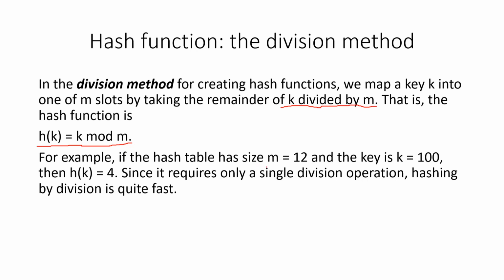So let's say that we have m equal to 12 and k equal to 100, and we take the remainder of k divided by m, and after that operation we have 4, and the 4 means that at slot 4 we will store our data.